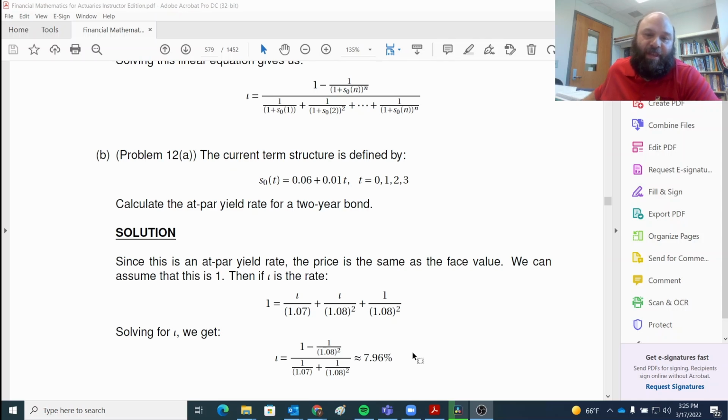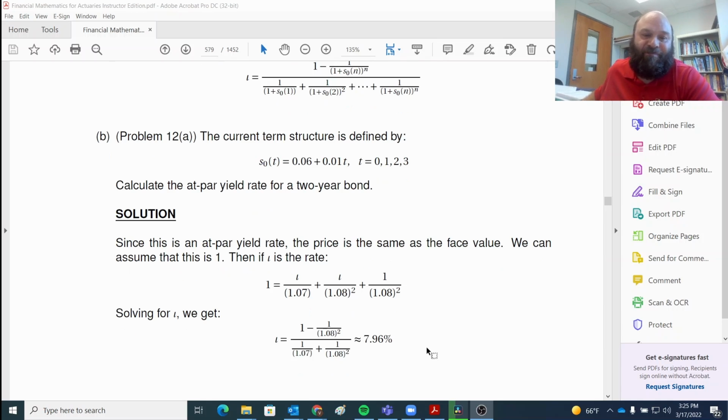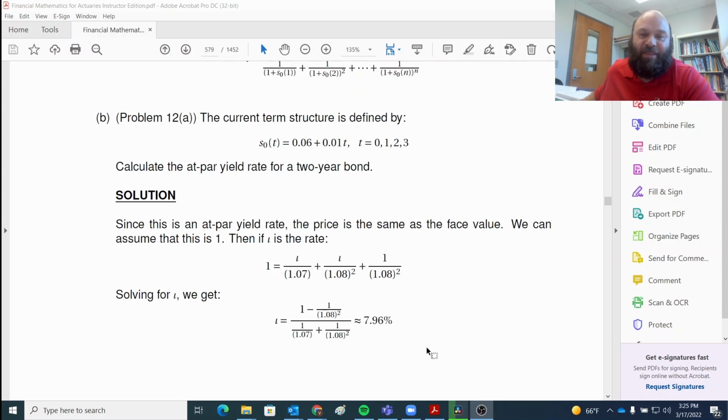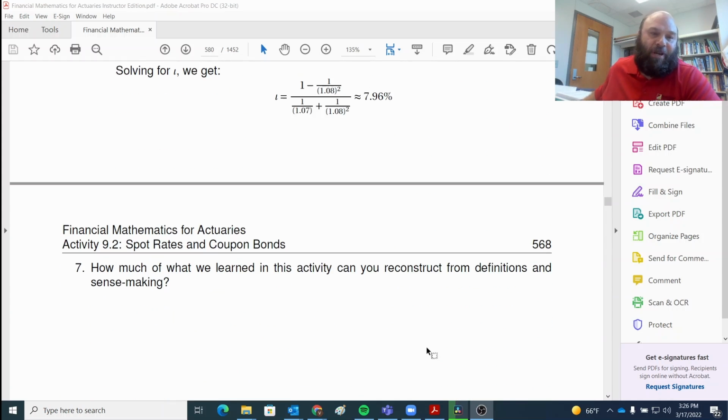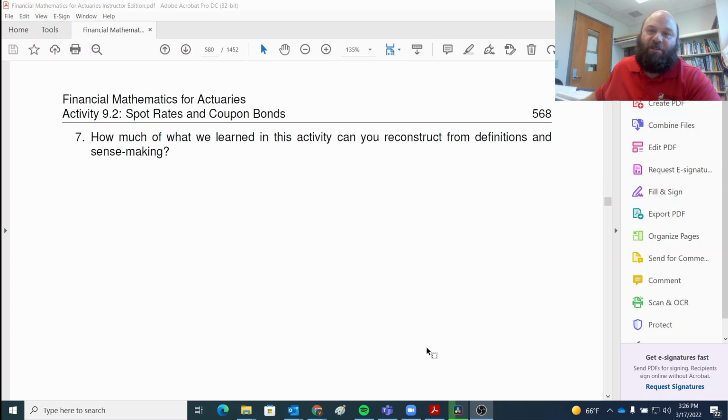To be honest, I think understanding this process is a little easier than trying to memorize one more formula that's really gross and nasty. That's my opinion, and that's how I tend to think. So this is a question I'll leave for you. It's an opinion question. How much of what we learned in this activity can you reconstruct from definitions and sense making as opposed to memorization?